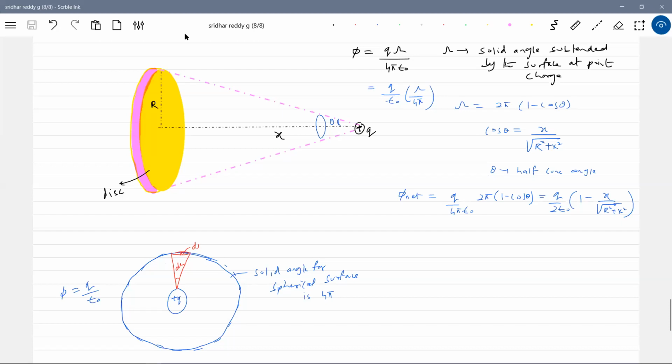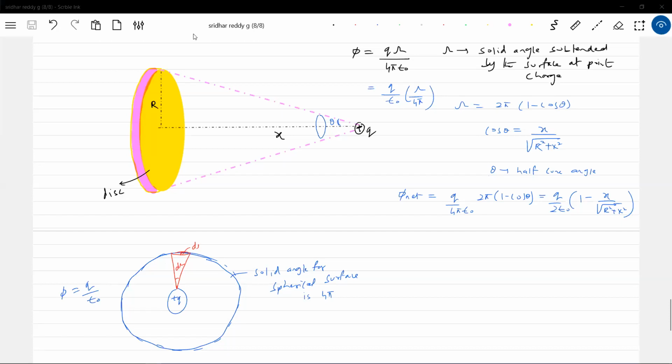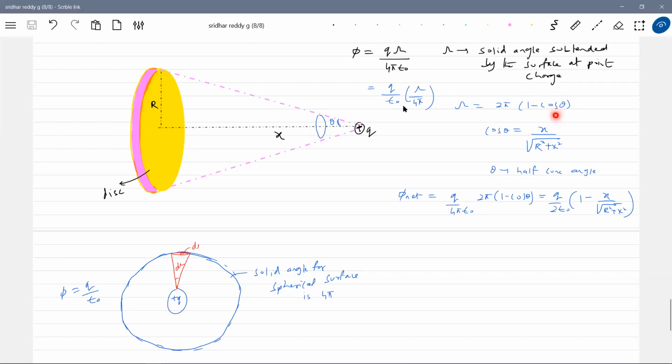Sir, can you repeat the formula you said for the half solid angle? There's a formula, 1 minus cos theta. No, you said something related to the half angle, sir. Theta is the half cone angle. What is theta? Half cone angle. Are you seeing the cone? Yes.